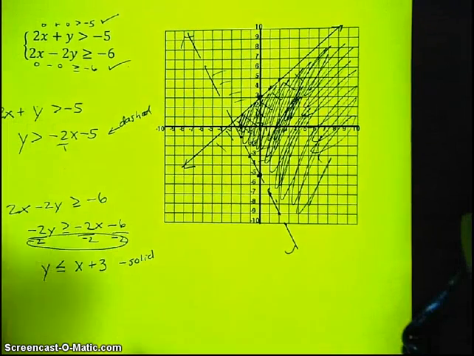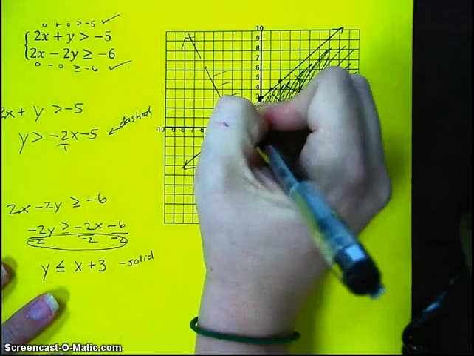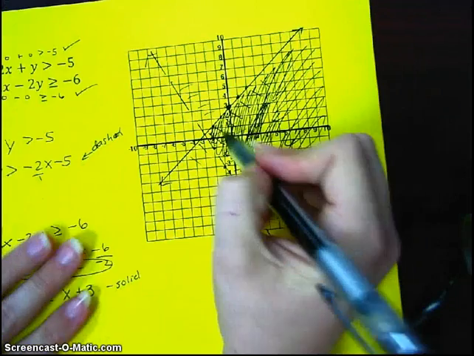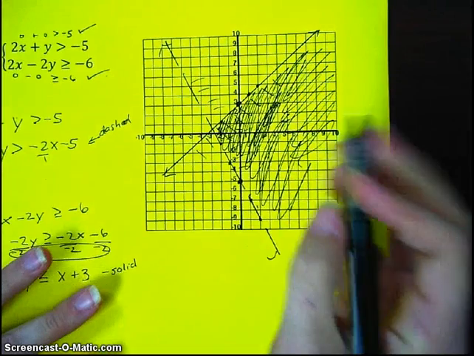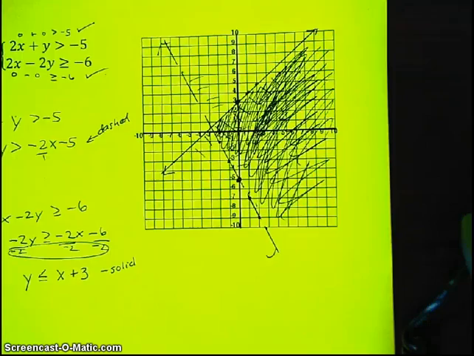Okay, so then you just figure out from there. If this second equation was a no, then I would shade above, so then my overlap would have been here. So I lightly shade in the direction that it goes to see where they overlap, and then I darken in that area and make it look beautiful so you know what your answer is.